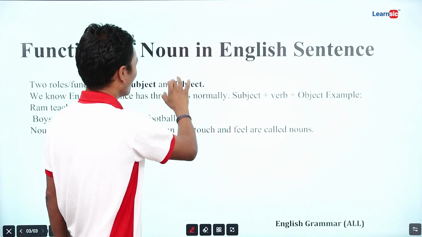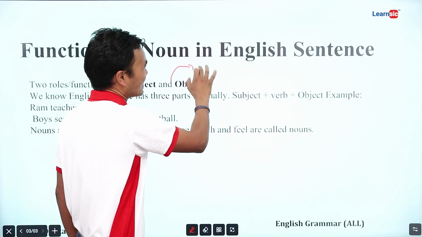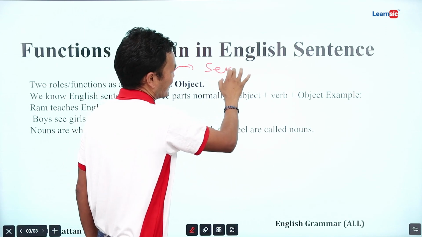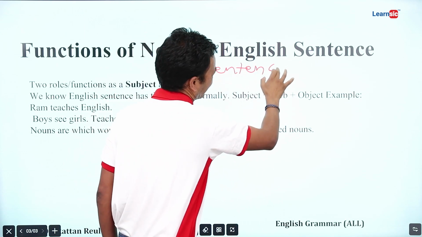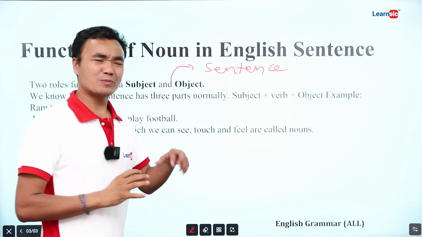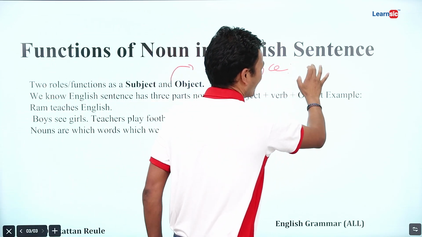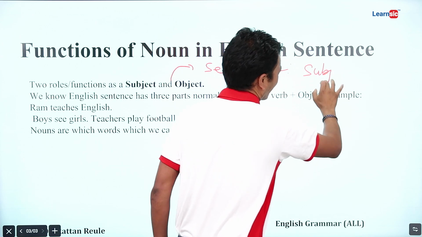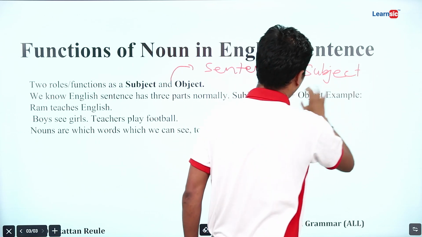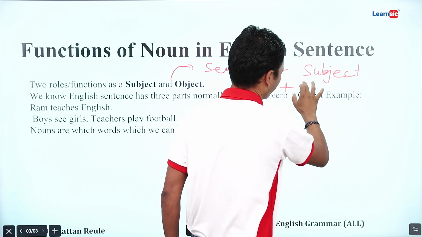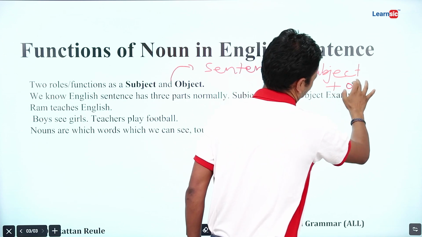We all know that in a single sentence, if you want to write or speak one very simple sentence, the formation is this: first there is a subject, then there is a verb, and after that an object.